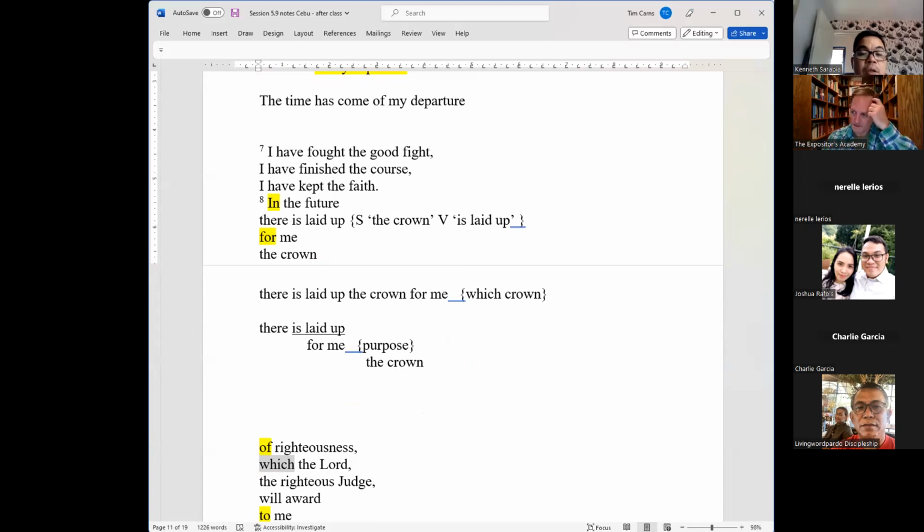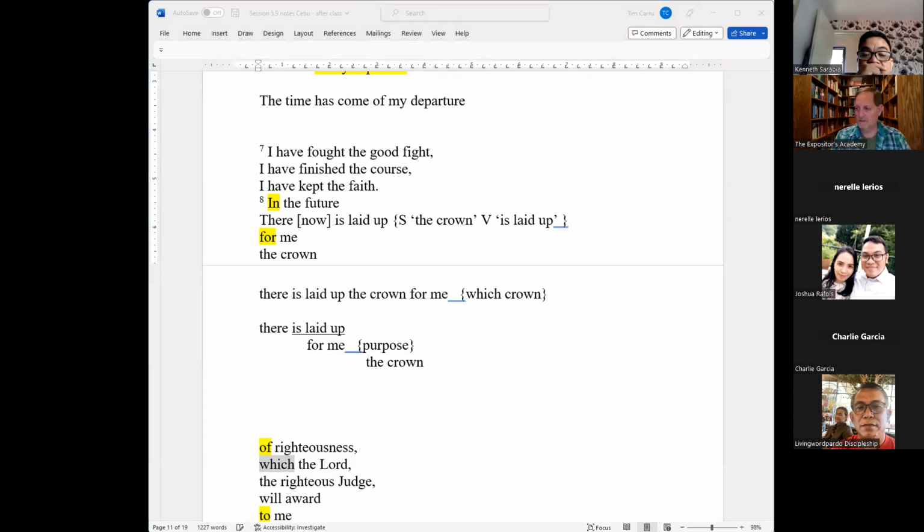So it helps to look at it, so the word there isn't really there. It's really a time term, now, something like that. What's that, Jess? In the Greek, Pastor Tim, it reads, the crown is laid up.